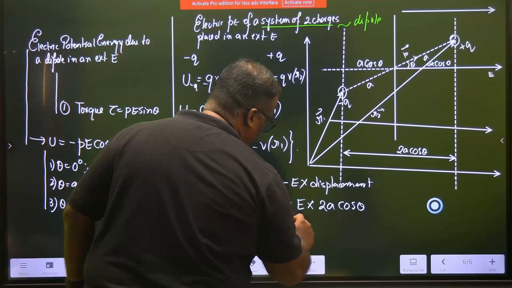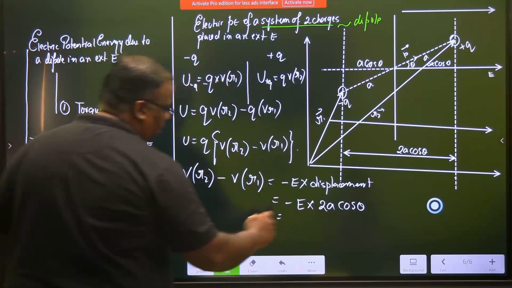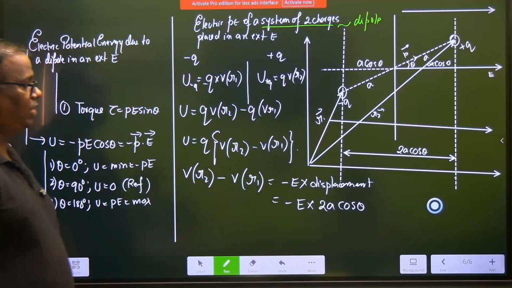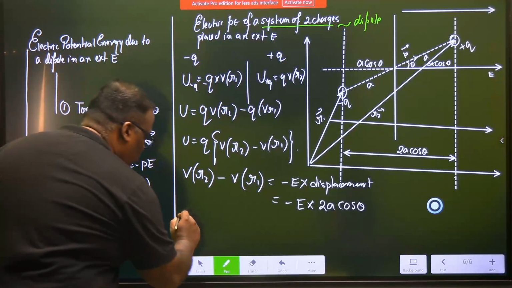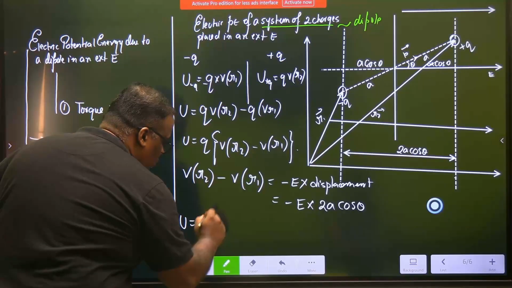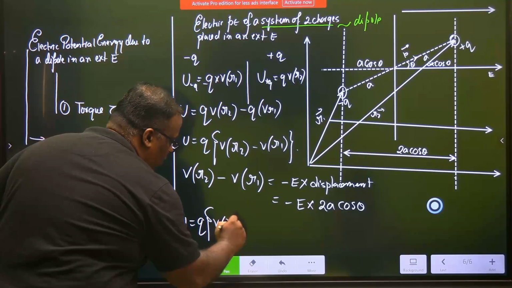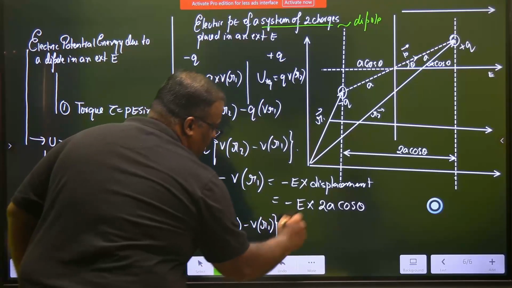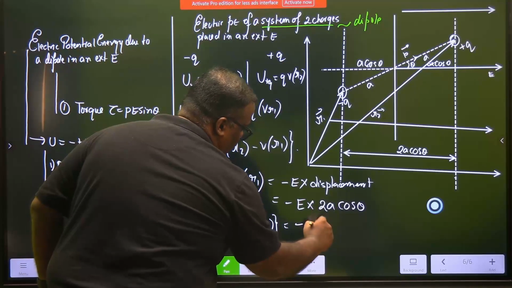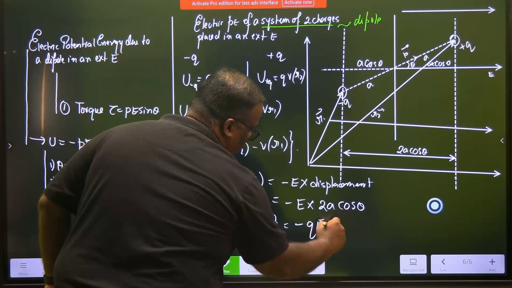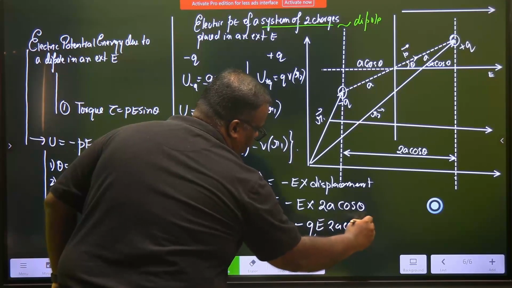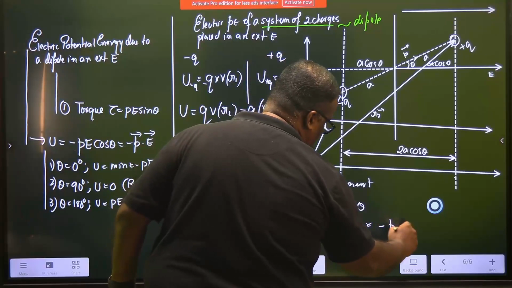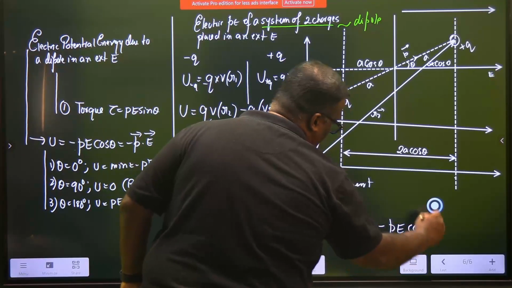So U is Q times V at R2 minus V at R1, which is Q E 2A cos theta, and this becomes 2AQ, which is P, so minus PE cos theta.